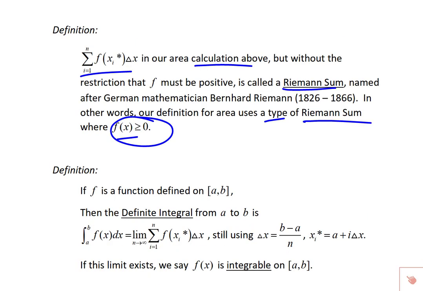Let's continue to another definition. If f is a function defined on the closed interval from a to b, then the definite integral from a to b is as follows. Now there's a lot of notation here, so I'm going to read through slowly. First of all, the symbol used for this integral is like a stretched out S. It's stretched out as an S because it stands for the word sum, which is what we've been dealing with in this context.